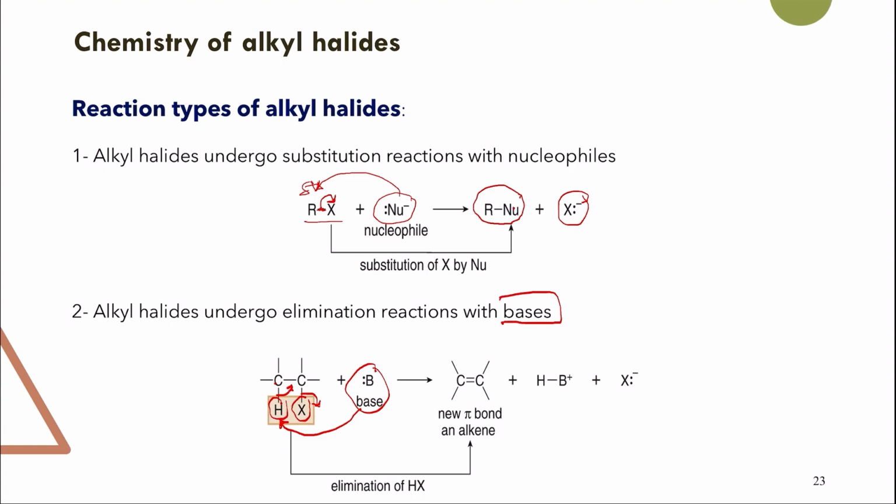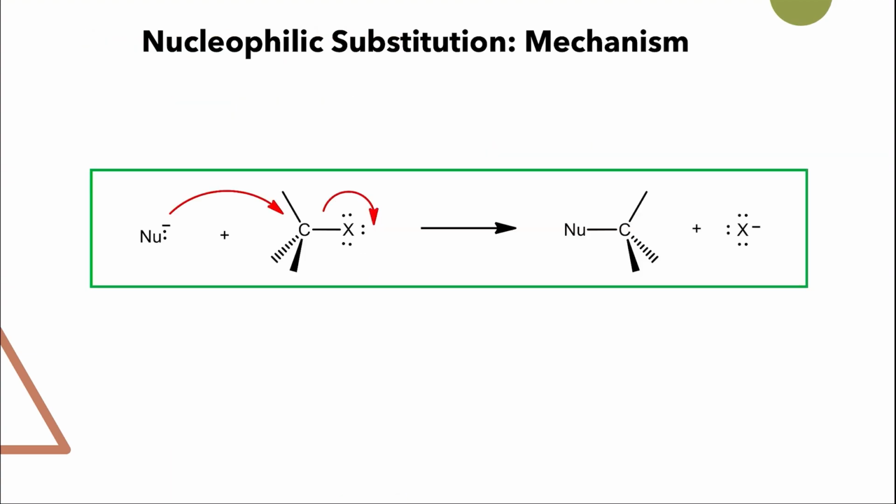So that will lead to formation of a new double bond, and the product will be an alkene. The base will react with the hydrogen, and the halide will leave in this reaction because it's a leaving group.